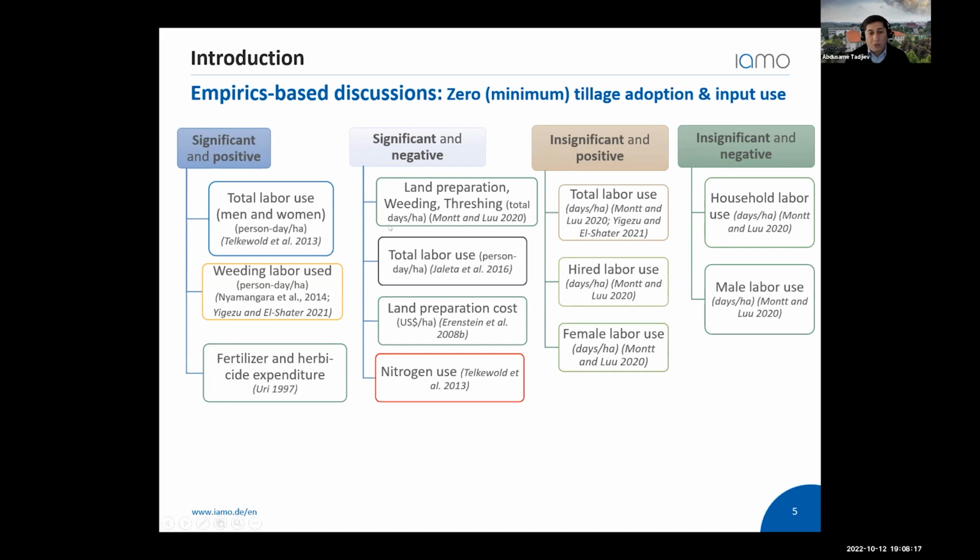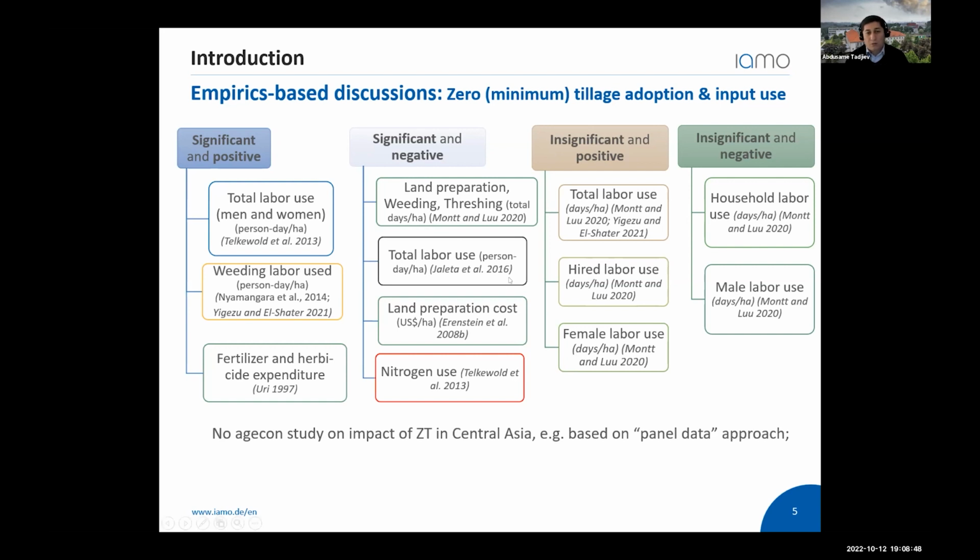All these studies focus on developing countries, but not Central Asian countries, because in the case of Central Asia, there is a lack of empirical studies about zero tillage adoption and its impact on input use, especially none based on a panel data approach.